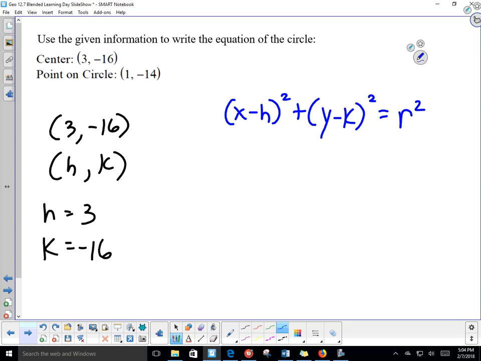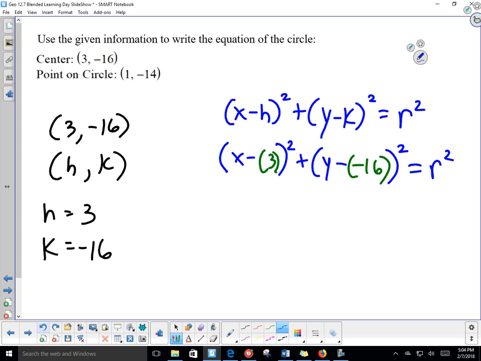So I can plug in the 3 for h, so I've got x minus 3 quantity squared plus y minus my k value, which is -16, quantity squared, and that's going to equal r squared.